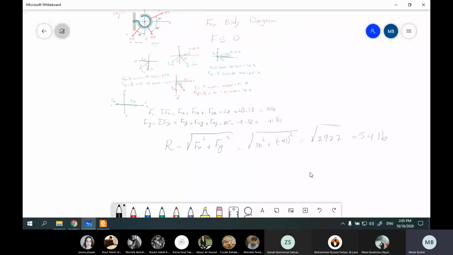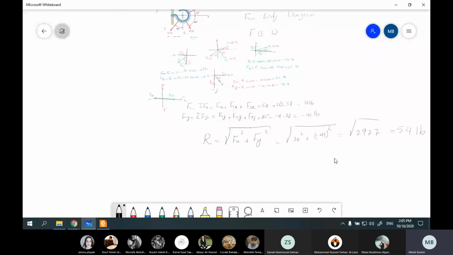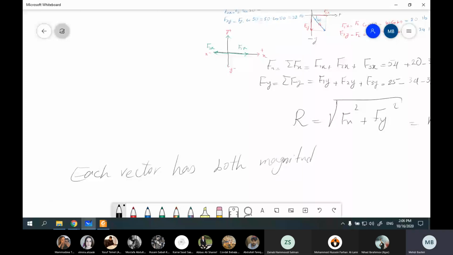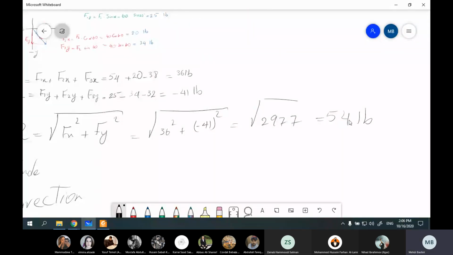If you remember, I told you each force, each vector, has both magnitude and direction. The magnitude of the force is here, 54. What is its direction?